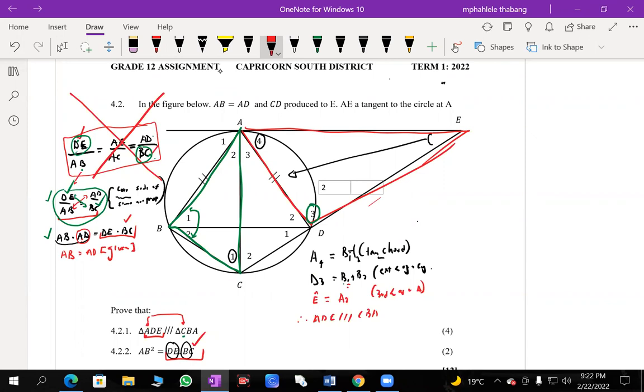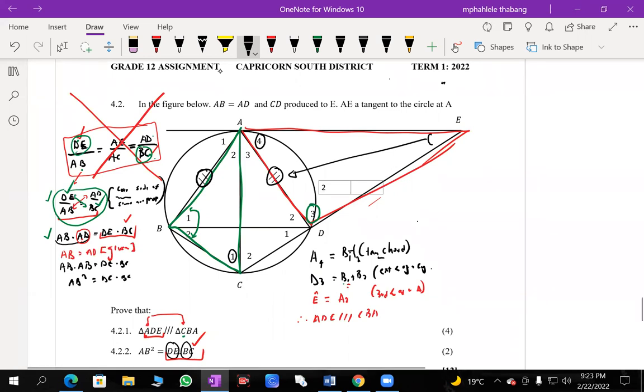AB equals AD. It's given on your diagram. You can see it. Here is the sign. AB equals AD. Now you conclude. You say AB times AB equals DE times BC, which is AB squared equals DE times BC.